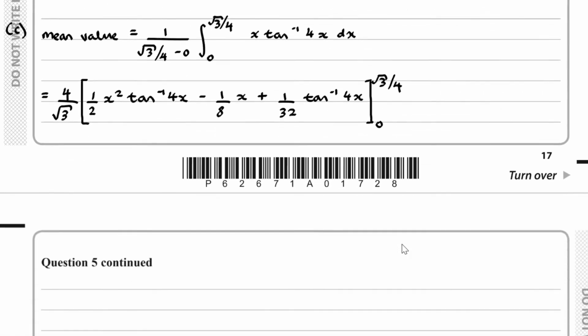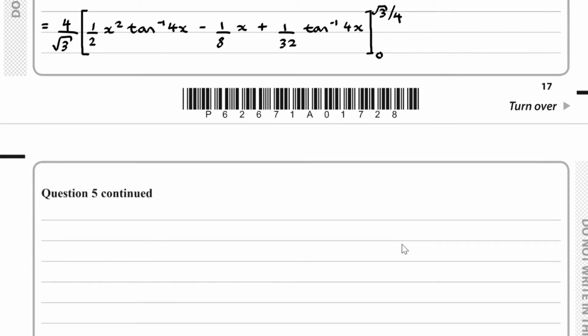So now we need to substitute in all our values. So for the upper limit, we've got 4 over root 3 multiplied by, well here we've got 1/2 times by x squared, so here we've got root 3 over 4 squared times by 1/2, so that will be 3 over 32. And then the inverse tangent of 4 times by root 3 over 4, well that's the inverse tangent of root 3, which is pi over 3.